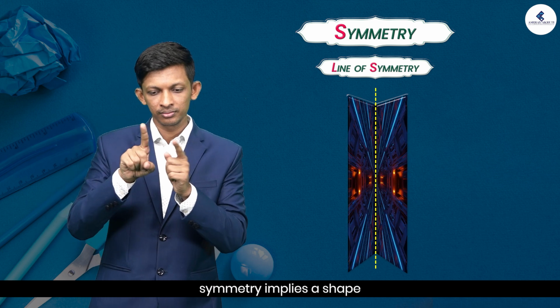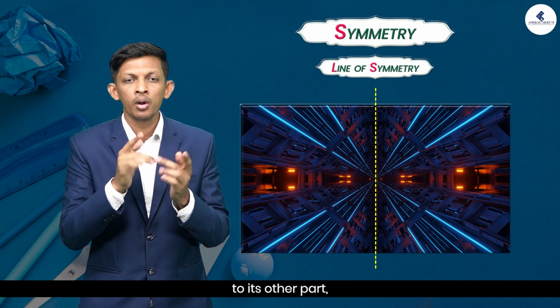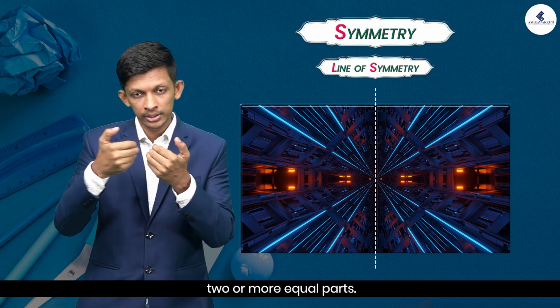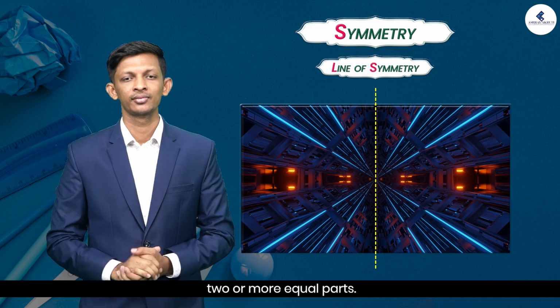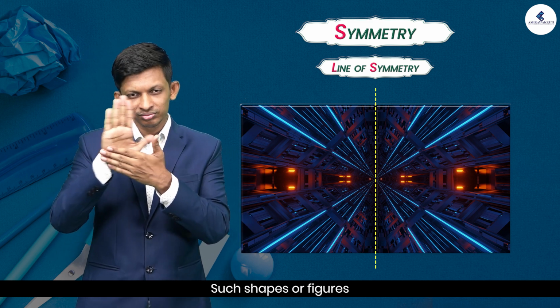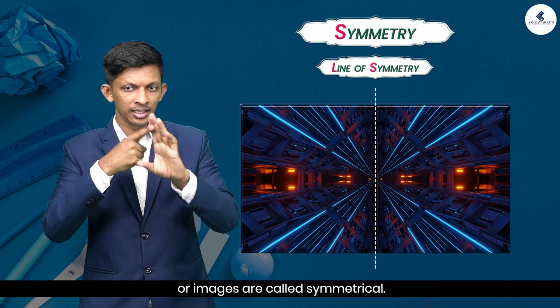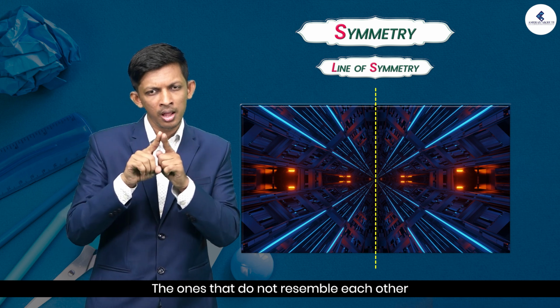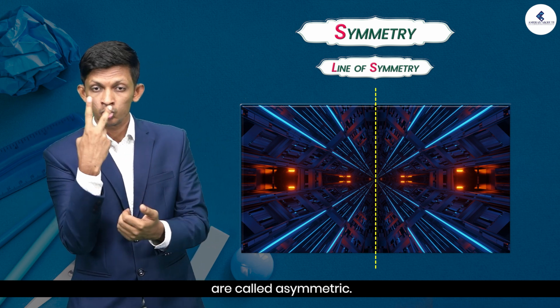Mathematically, symmetry implies a shape which is an exact resemblance to its other part, when the shapes are divided into two or more equal parts. Such shapes or figures or images are called symmetrical. The ones that do not resemble each other when divided into two parts are called asymmetric.